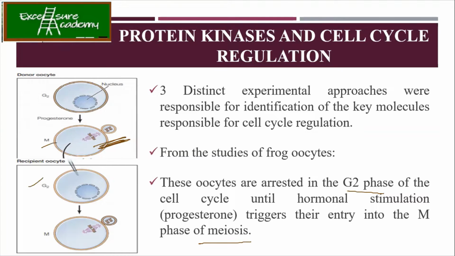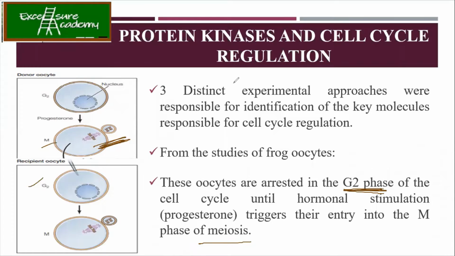When we say that the cells are arrested in G2 phase, what does it mean? Yes, Krishita, what is the meaning of that? G2 phase arrested? That it is yet to undergo the mitosis phase.